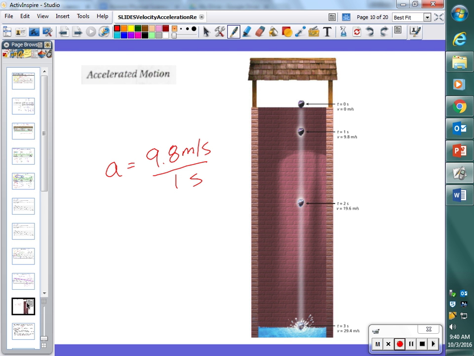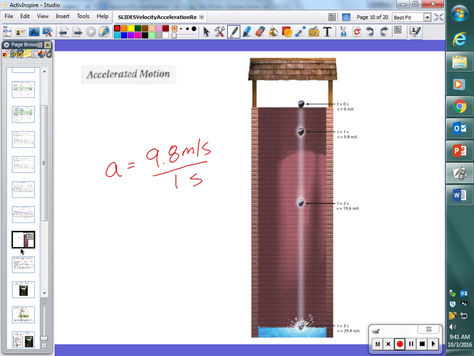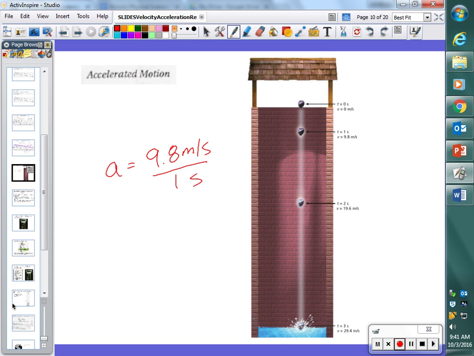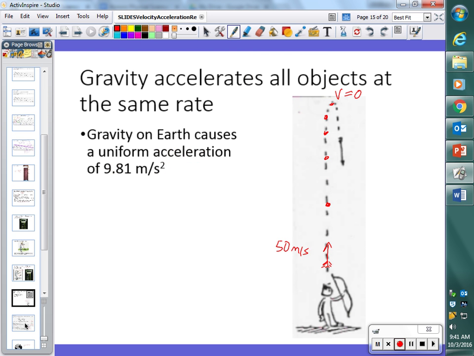Free fall is just a specific example of constant acceleration where gravity is causing the constant acceleration. And here on Earth, that means that acceleration is equal to 9.81 meters per second per second. Right? And then on Friday, we started talking about this situation, where gravity is causing a constant acceleration regardless of what's happening to our object.